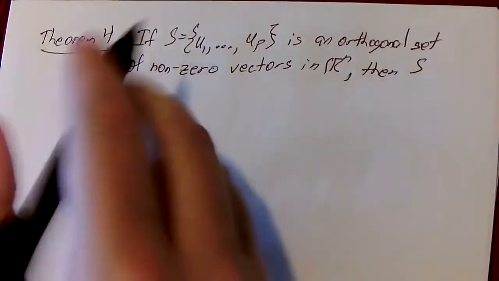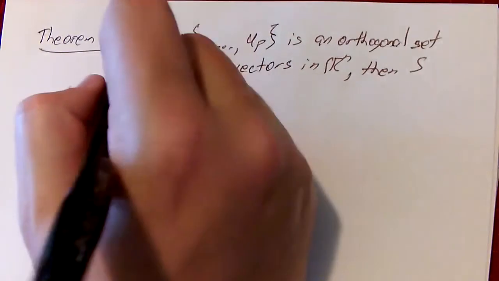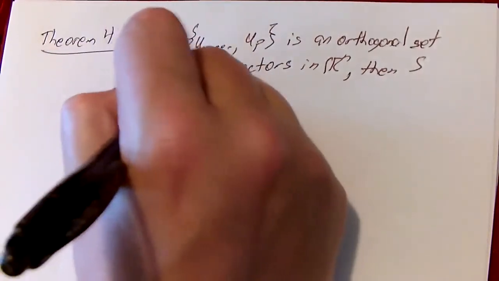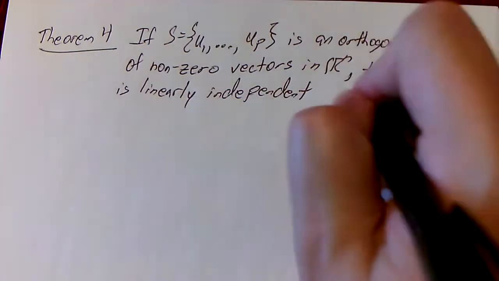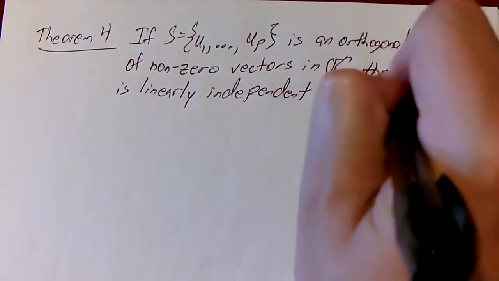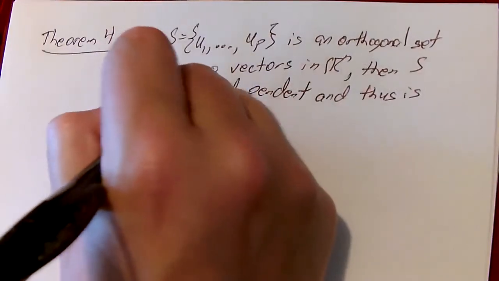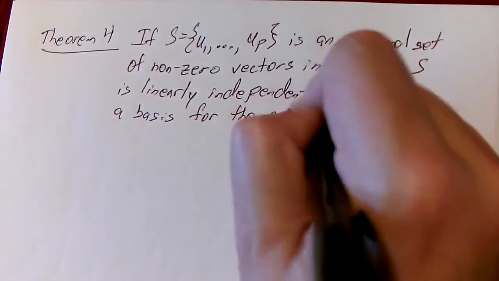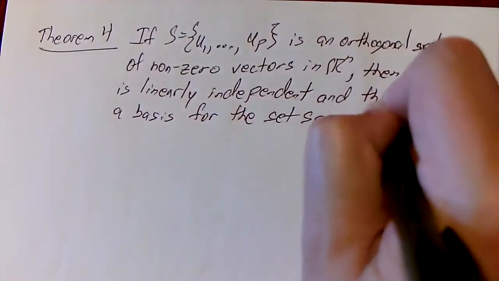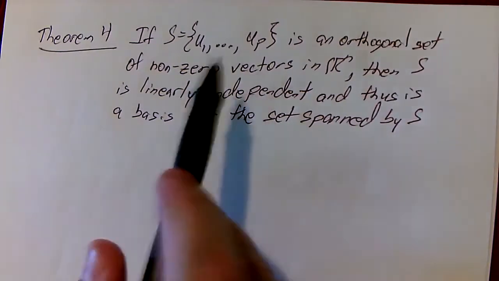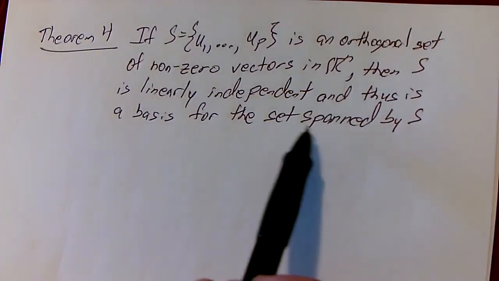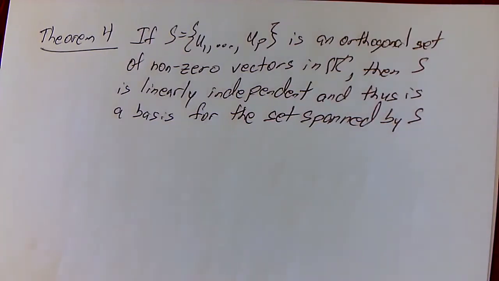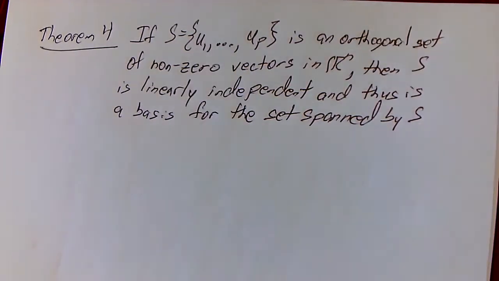Then S, which is my set, is linearly independent and thus is a basis for the set spanned by S. So if the spanned set happens to be all of Rn or R2 or Rp in this case, then it covers the whole space.